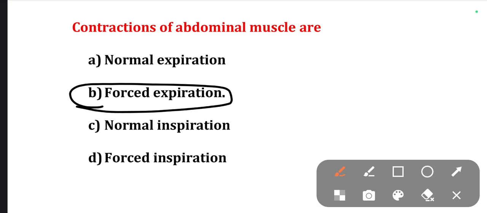For example, during vomiting, these abdominal muscles are responsible. Also in forceful expiration, that is, to exhale the air from the lungs, the pressure of the abdominal muscles forces the diaphragm, and the diaphragm pushes on the lungs to expel the air.